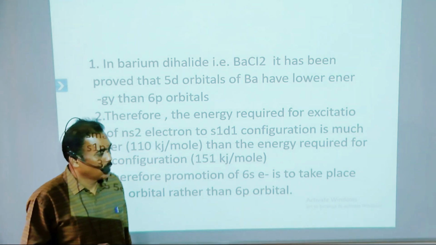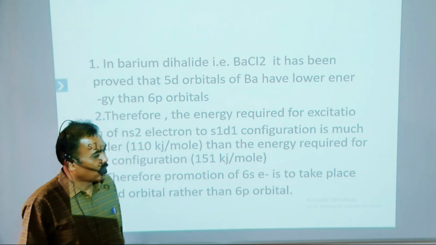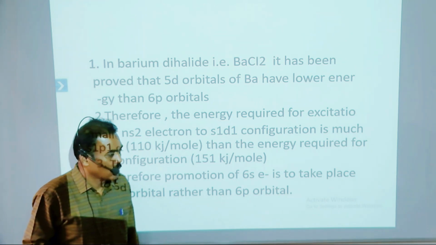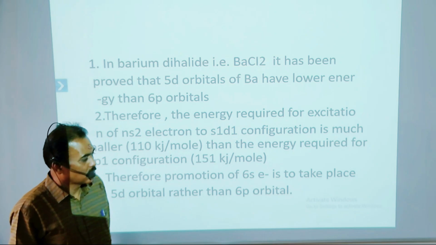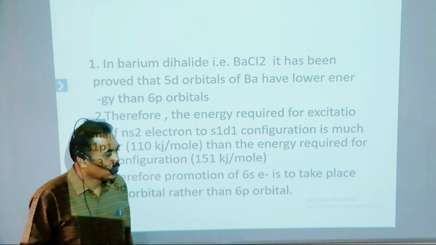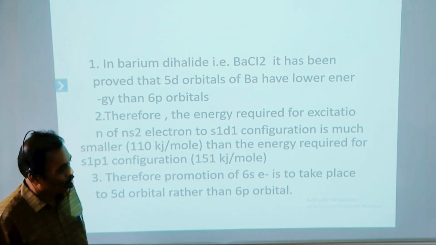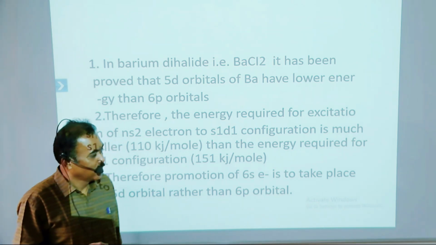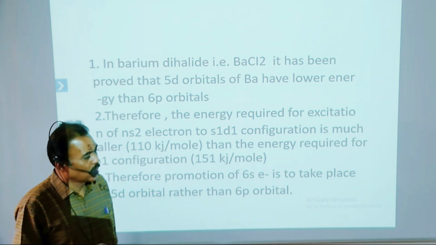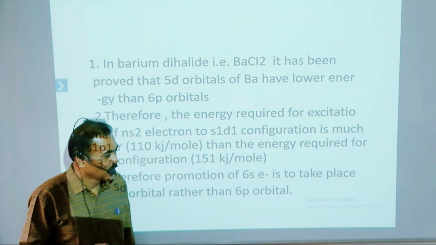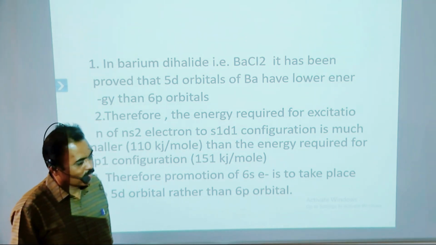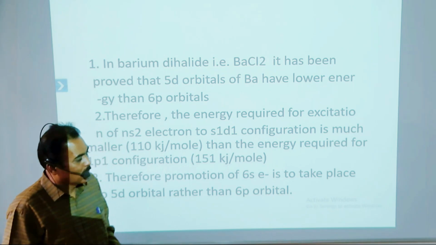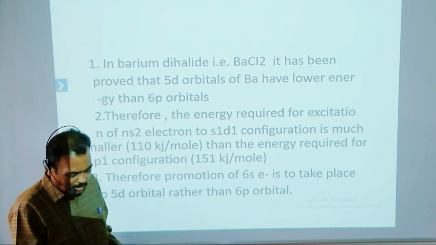Therefore, the energy required for excitation of the ns2 electrons to the s1d1 configuration is much smaller, that is 110 kilojoules per mole, than the energy required for the s1p1 configuration, that is 151 kilojoules per mole. Therefore, promotion of a 6s electron takes place to the 5d orbital rather than the 6p orbital.